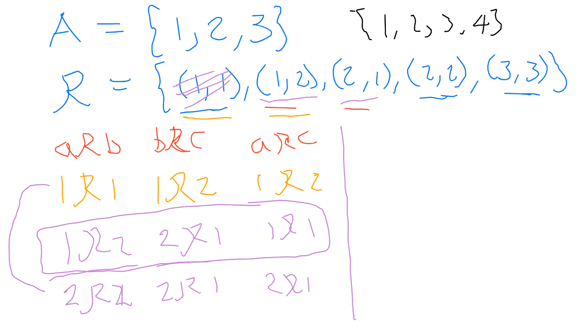It will still be reflexive because we included the 1, 1, the 2, 2, and the 3, 3. That's right. You just have to have the requirements. Whatever additional thing is included doesn't affect reflexive. Good, that's it.